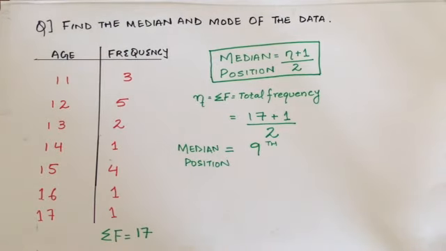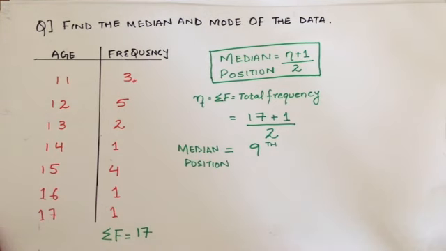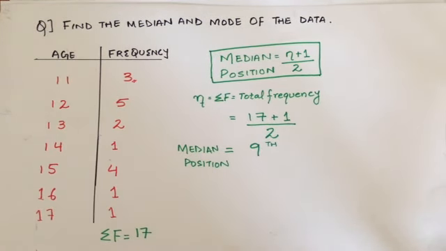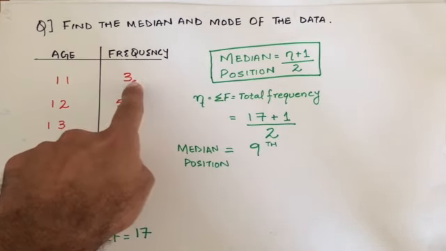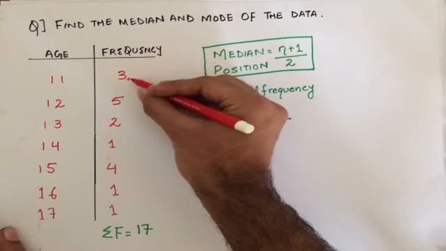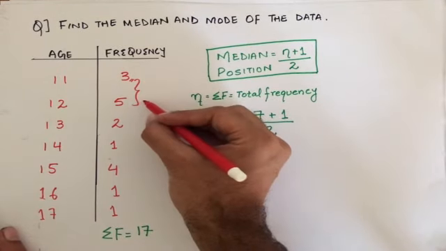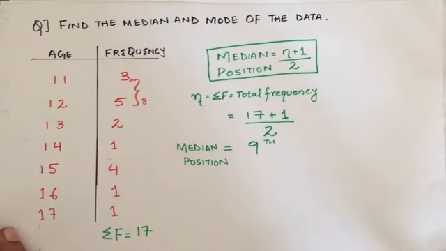So you see up till here you got three frequencies, that is you have got up to 3 positions here. Now when you move from 3 and 5, now you've got 8 positions over here. So still you have reached only 8 positions.